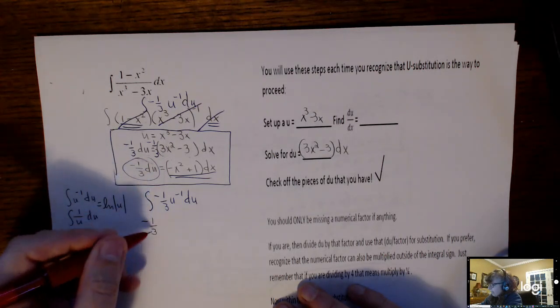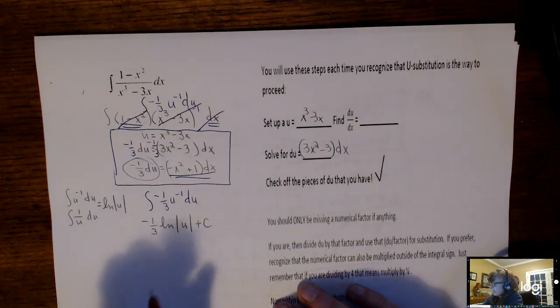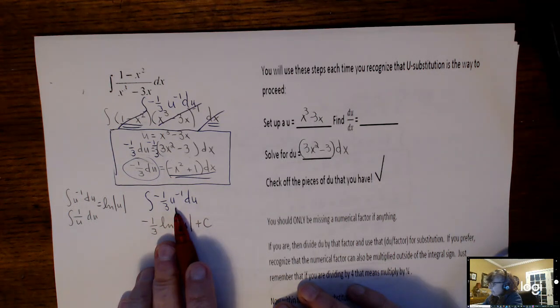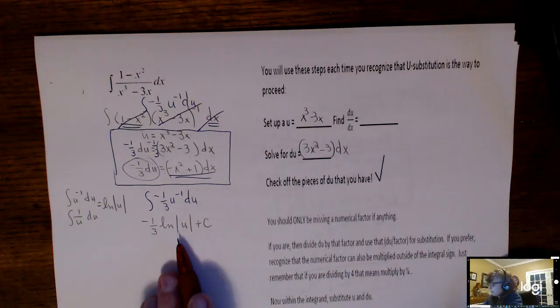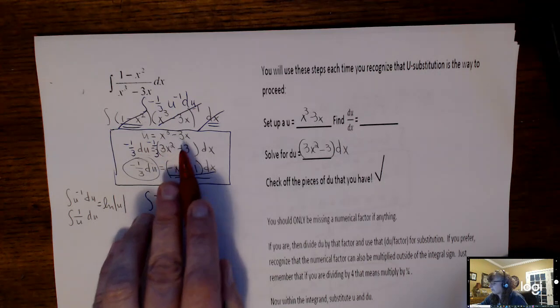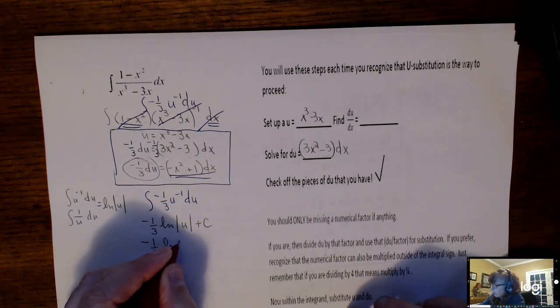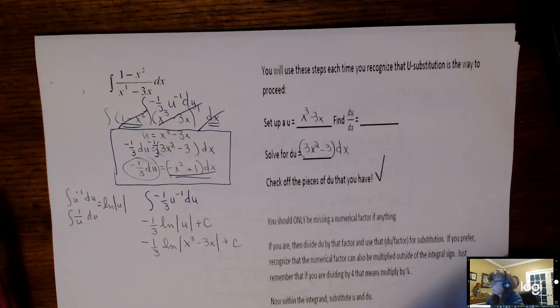So negative 1/3 times natural log of absolute value of u plus c is the antiderivative of this integral that has u in it. Okay, so we made an easy integral. We took the integral. Now the very last step is our u was x cubed minus 3x, so you put that back. So negative 1/3 times the natural log of absolute value of x cubed minus 3x, close absolute value, plus c.